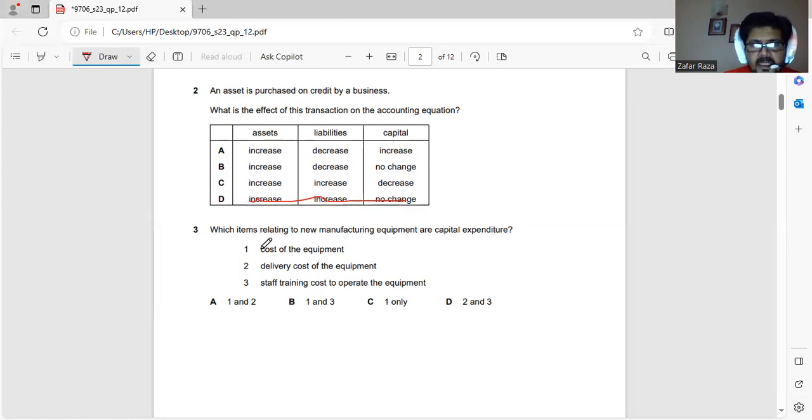So, cost of equipment, yes, it is capital expenditure, and delivery cost of equipment, yes, it is also capital expenditure. What about staff training cost? Staff training cost is not capital expenditure because sometimes we need to do it several times. It's a revenue expenditure basically. So A option should be the answer.